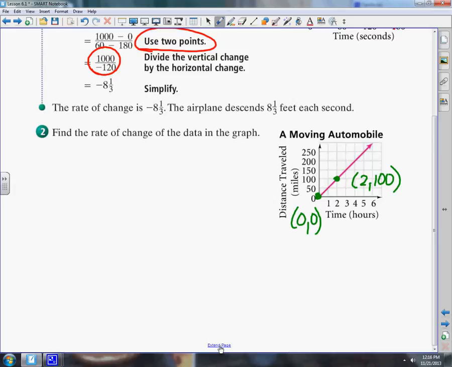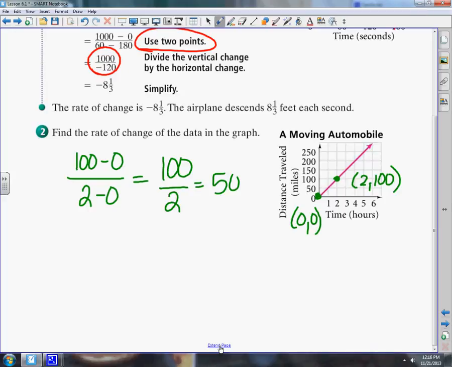I'm going to subtract my y's, 100 minus 0, and then subtract my x's, 2 minus 0. Then I get 100 over 2, which is 50. Now the rate of change is 50, but then you have to see it's miles per time. So it's 100 miles in 2 hours, so that means it's 50 miles per hour.